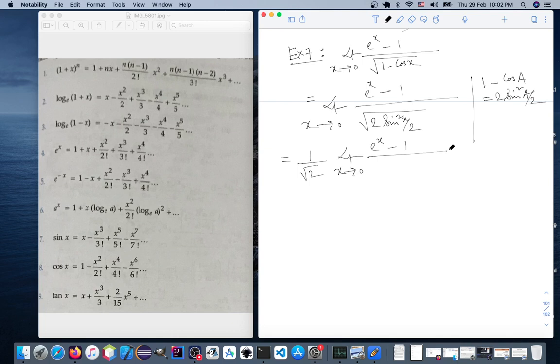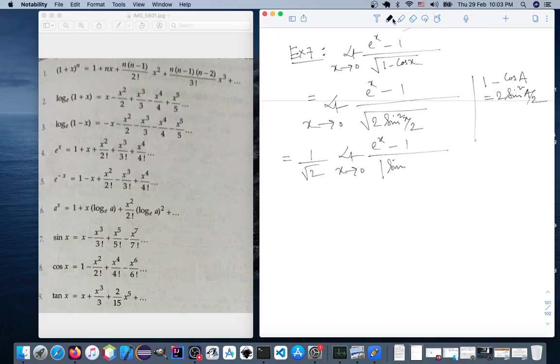So square root of sine square x by 2, if we bring it outside the root, we have to say mod of sine x by 2.